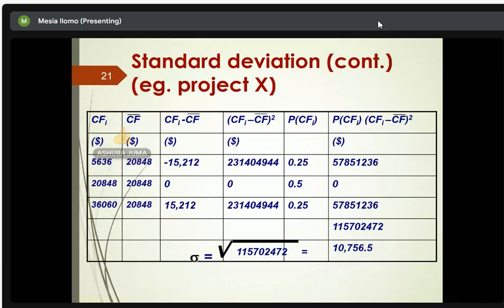If you remember Project X, the expected value, NPV in particular, was this much. So you take the cash flow, and these were the NPV of the respective scenarios, and then you compute the standardization.